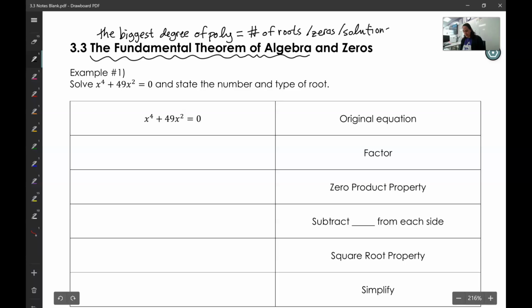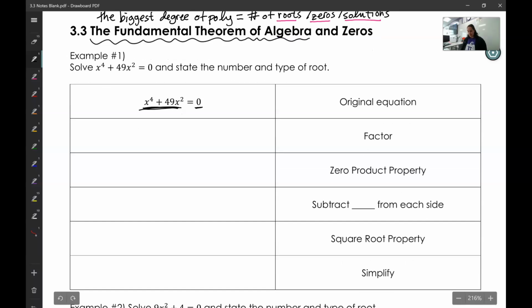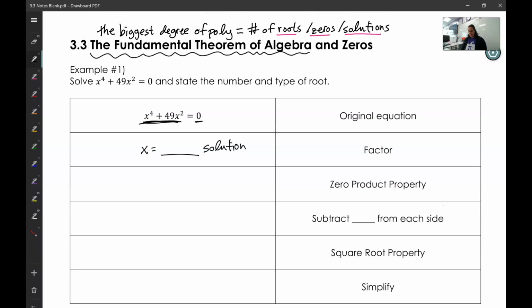Something to know about this: these three words right here, roots, zeros, solutions, all mean the same thing. So if I take this equation in example number 1 and set it equal to 0, and solve that, you're going to get x equals something, meaning a solution to that equation.